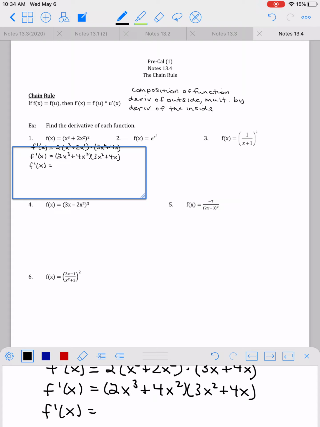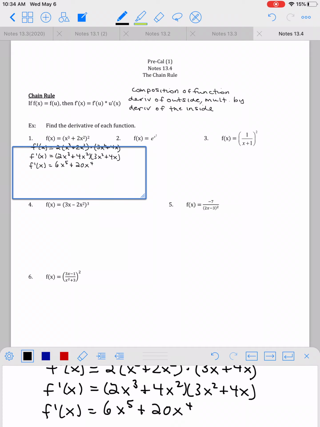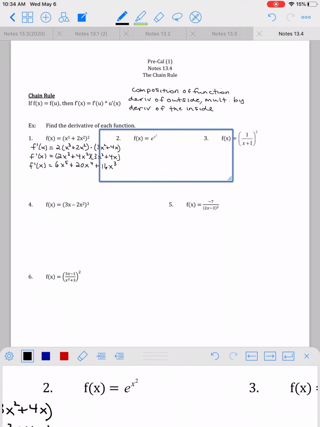We're not going to make a big to-do out of it. So 6x to the 5th plus 20x to the 4th, and then plus 16x to the 3rd. And then that would be your derivative using the chain rule.